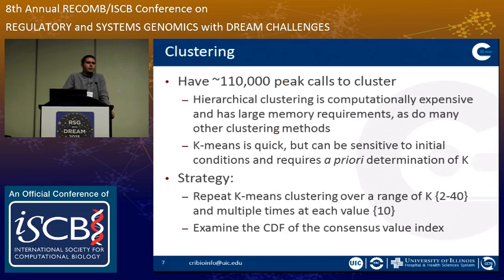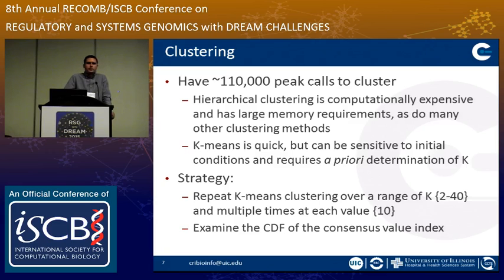So to give you an idea of the scope here, we ended up with about 110,000 peak calls, regions of interest after filtering for significance. Our common approach that's very nice for these kinds of data sets where we want to use pattern discovery is to use hierarchical clustering, plot the data on a heat map, and just study the heat map for a while and see what sort of patterns appear.